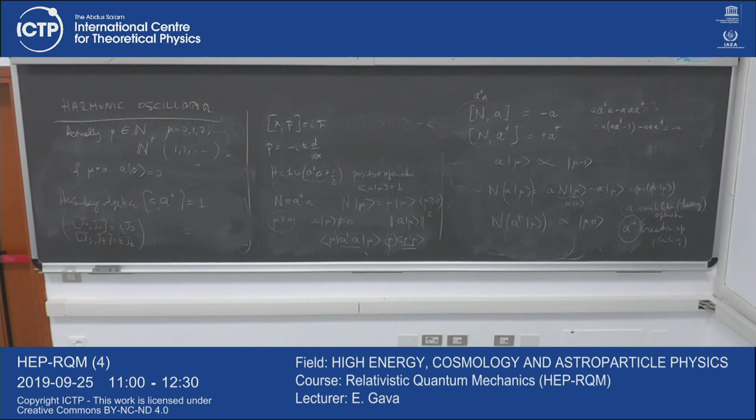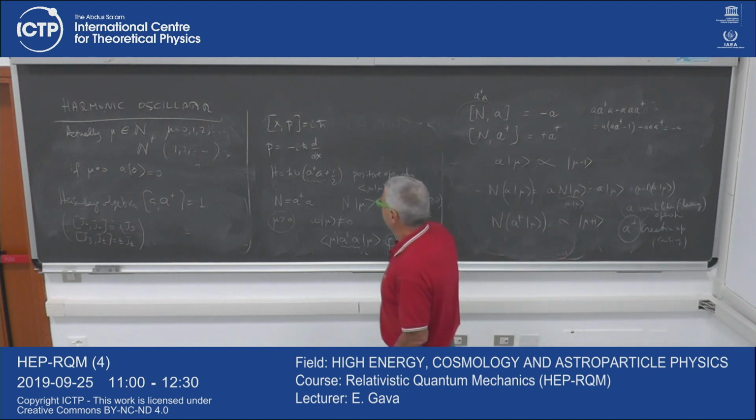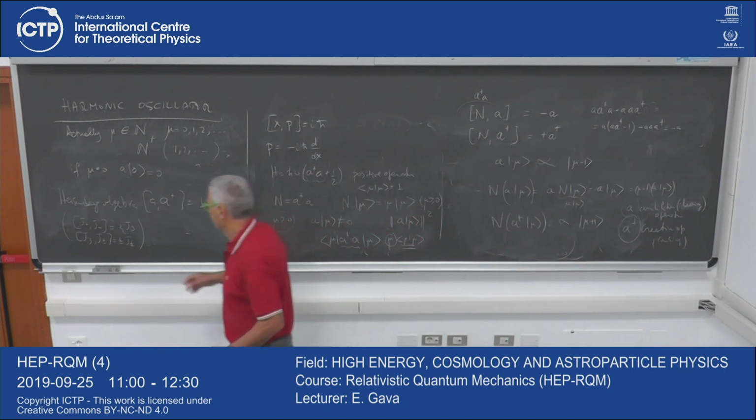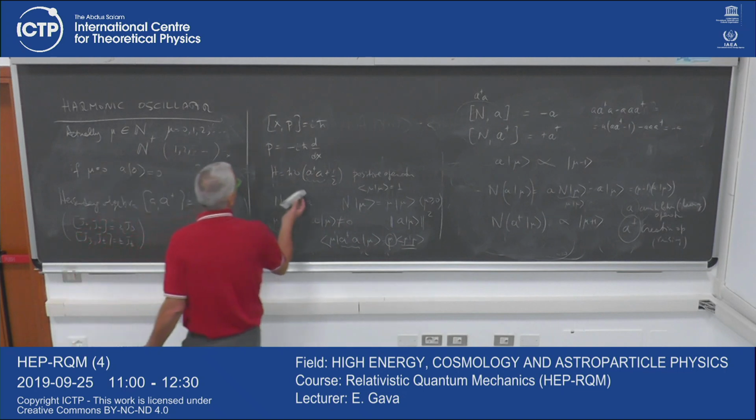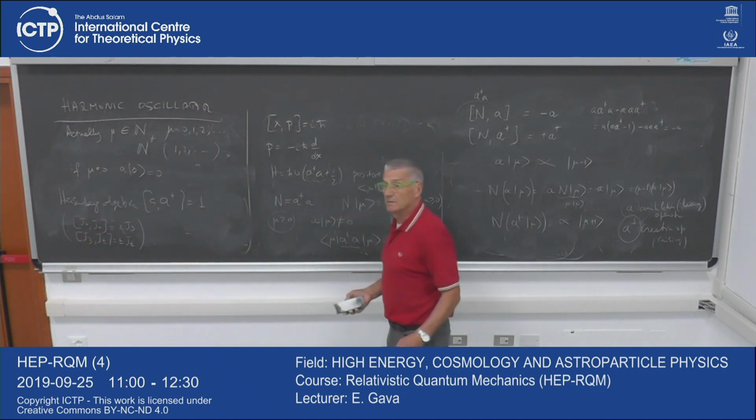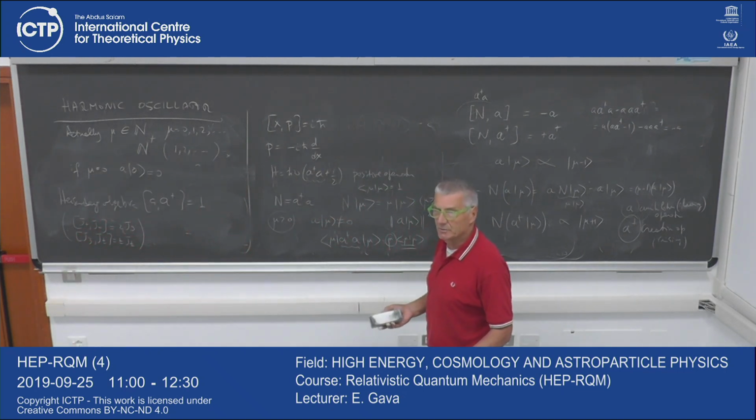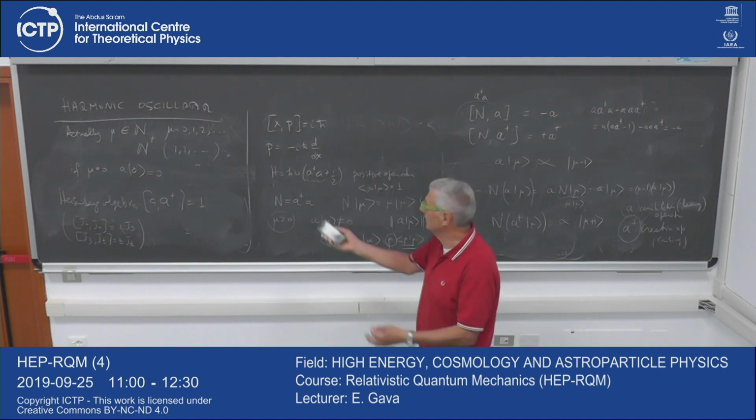So we have established the fact that one can derive, as I said, by solving differential equations with boundary conditions, the more difficult way, and that gives the same result.